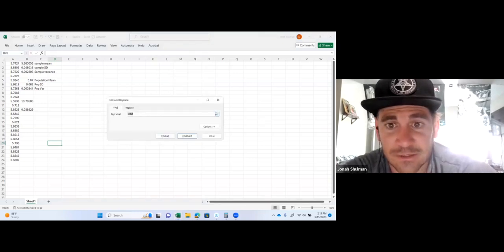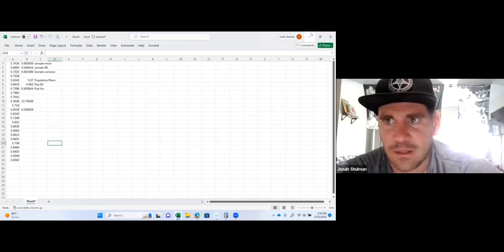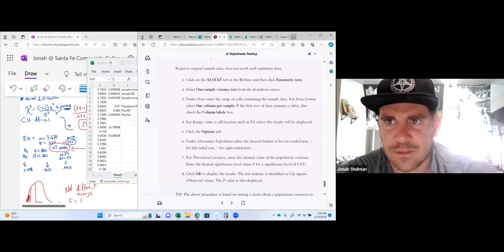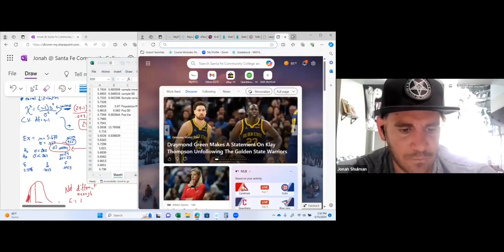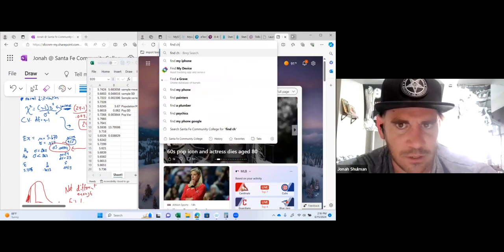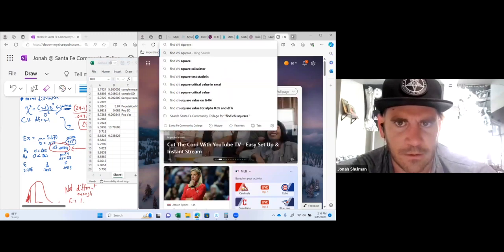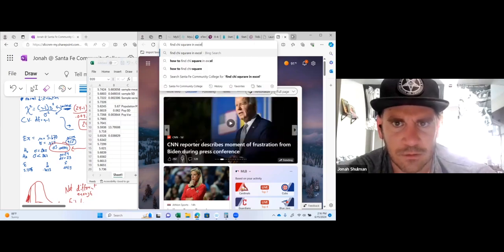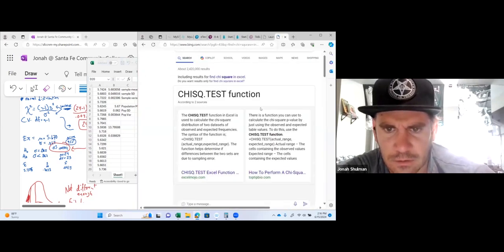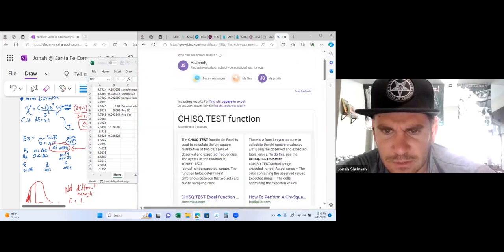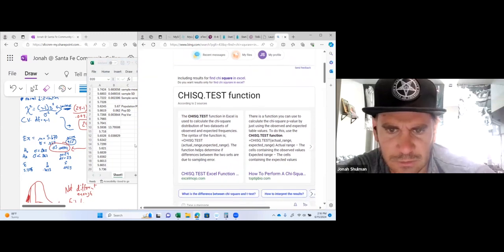All right, well, I don't have that Excel stat tab, so let's see what other options we have. Find chi-square in Excel. The chi-square dot test function. I like it. Let's see what we can do with this.